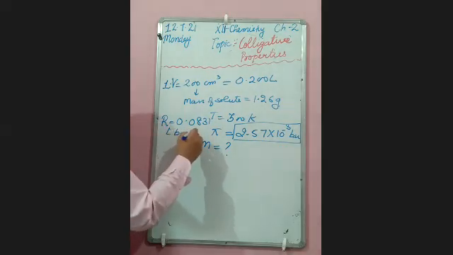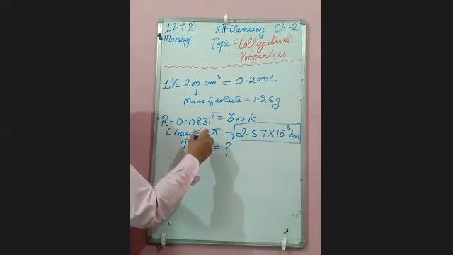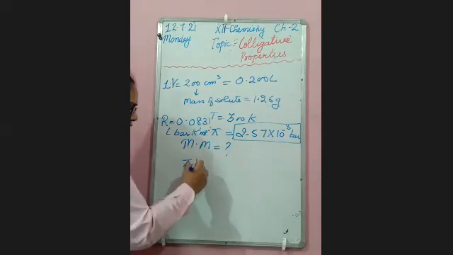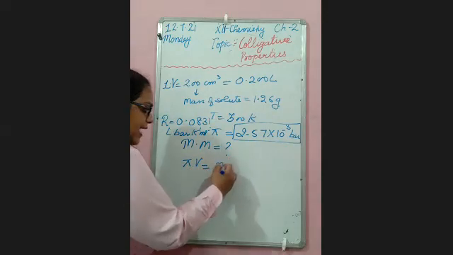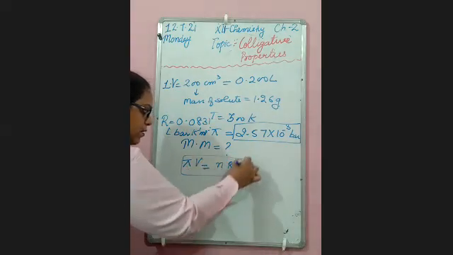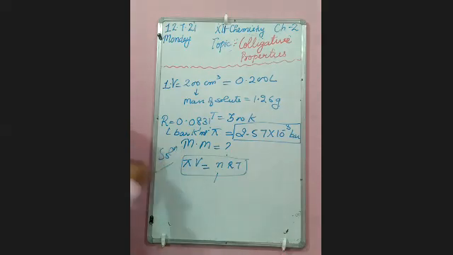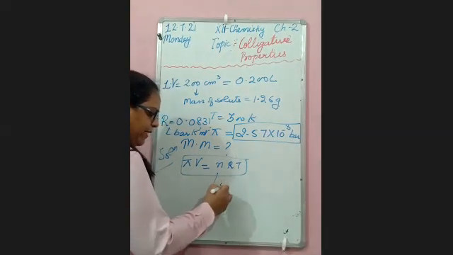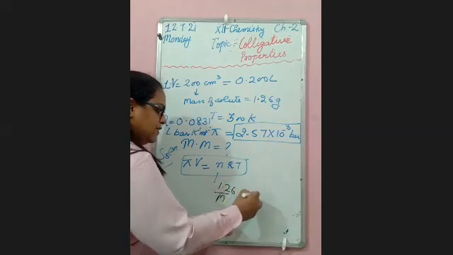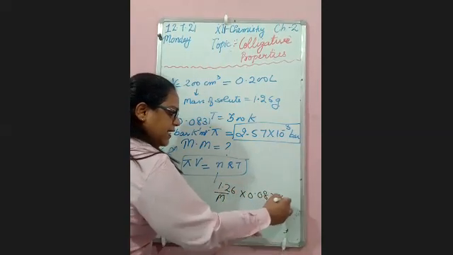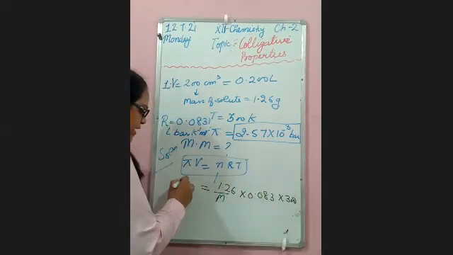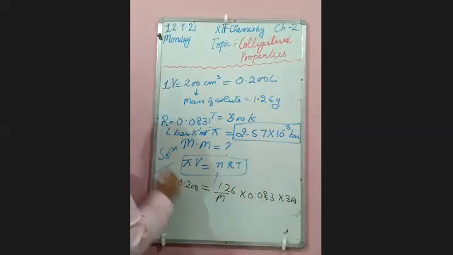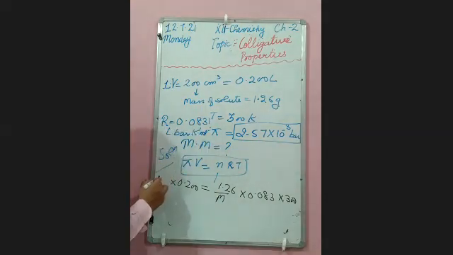R has different values. You know pi V is equal to nRT. Now what is n? n is given mass over molar mass. Given mass is 1.26, R is 0.0831, T is 300 Kelvin, V is 0.200, and pi is 2.57 into 10 raised to power minus 3.